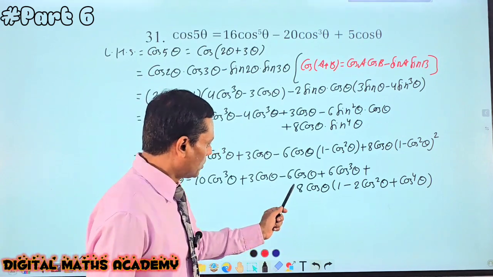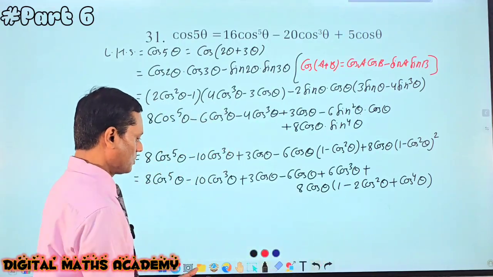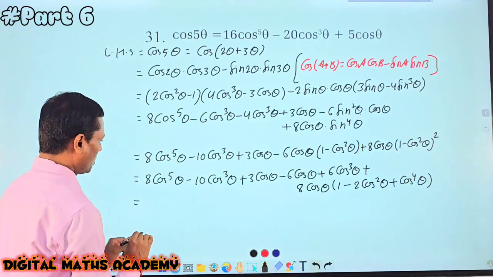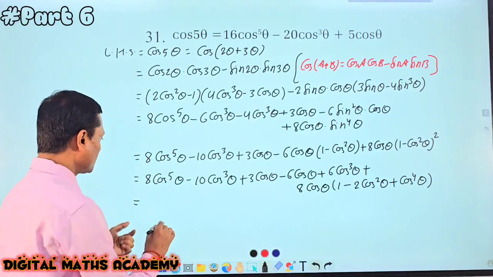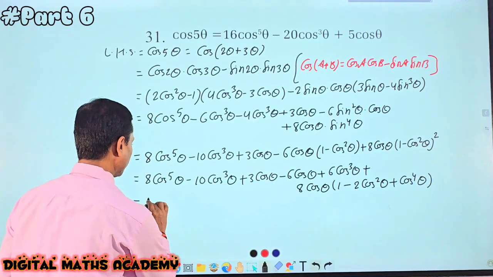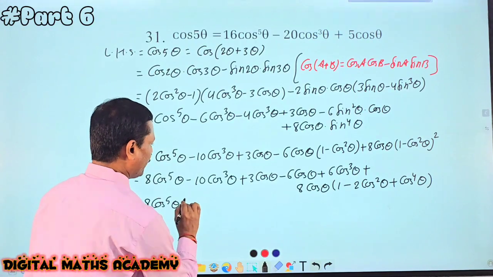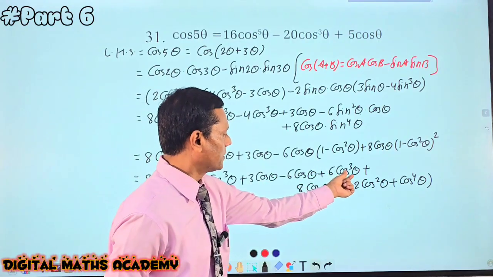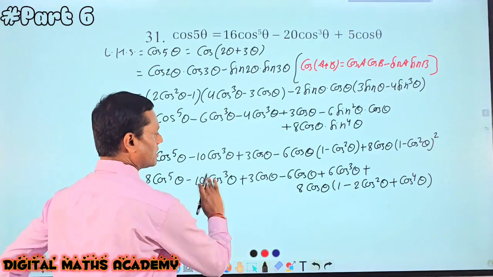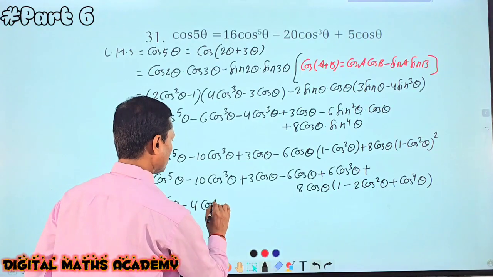So then we are going to open this bracket, and we are going to simplify as well. So cos to the power 5 theta, we don't have a like term, so we write it as it is, that is 8 cos to the power 5 theta. Now minus 10 cos cube theta and plus 6 cos cube theta, they are like terms, so minus 10 plus 6 gives us minus 4 cos cube theta.